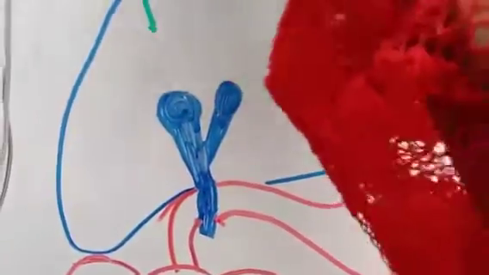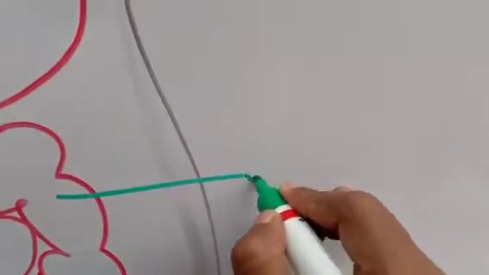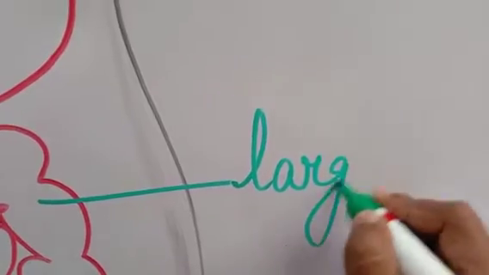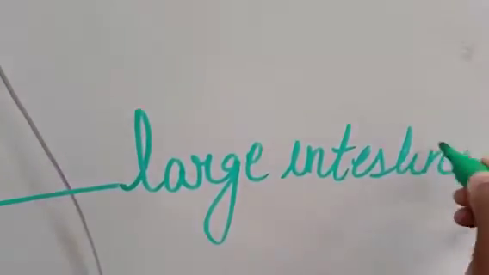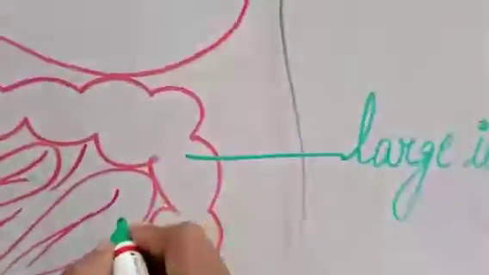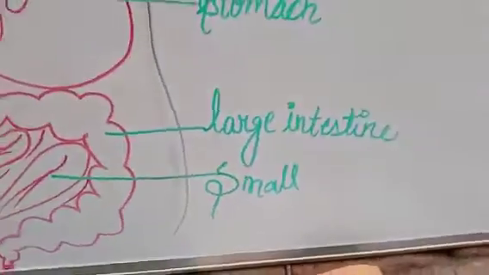This is liver. Large intestine. And then small intestine. Small intestine, kids.